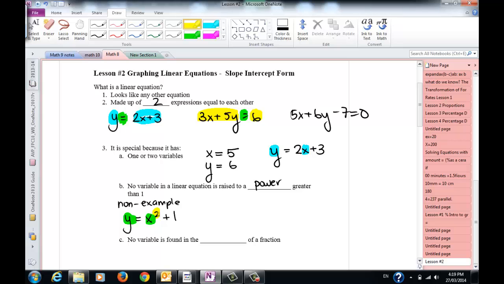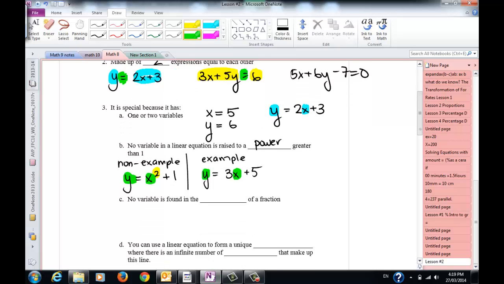So we can never have a linear equation with one of the variables raised to a power of 2, 3, 4, 5, and so on. It can only be raised to a power of 1. So an example is y equals 3x plus 5. Notice that we again have two variables, and neither of them are raised to a power greater than 1.